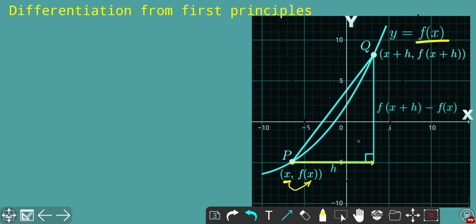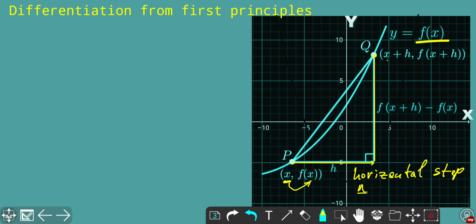We make a step of h in an attempt to arrange a right angle triangle. We also need to make a change in the function, which represents the change in f. Point Q will have coordinate x plus h because we made a step h, which simply denotes the horizontal step.